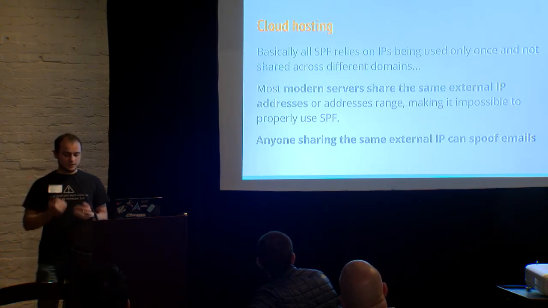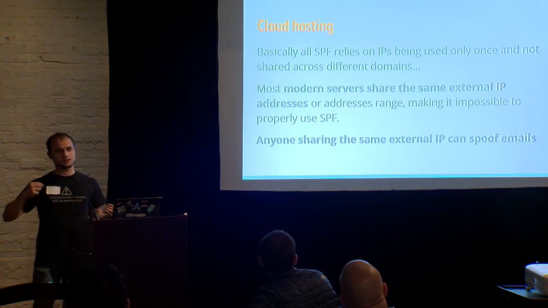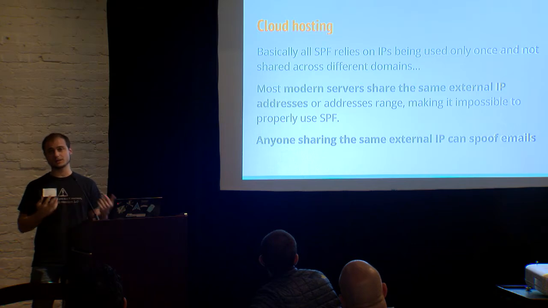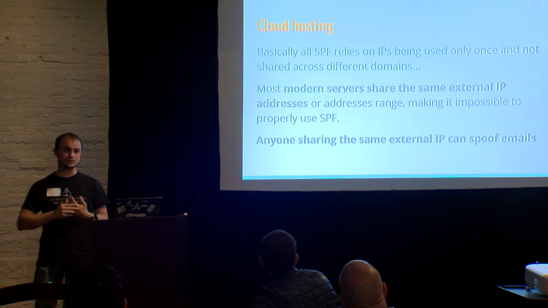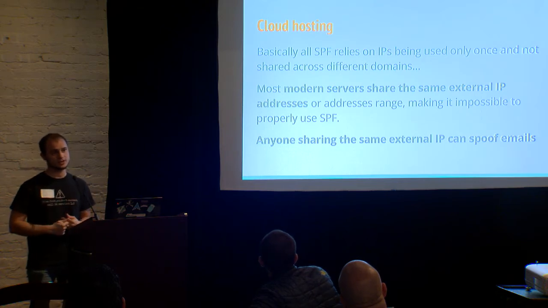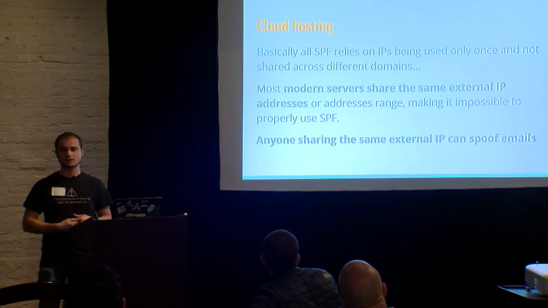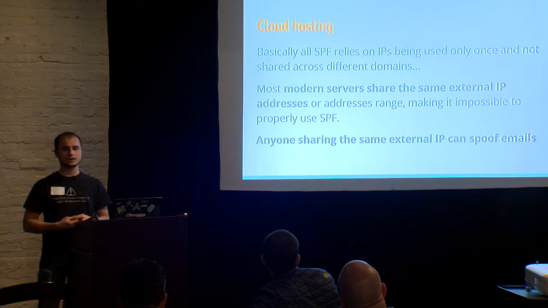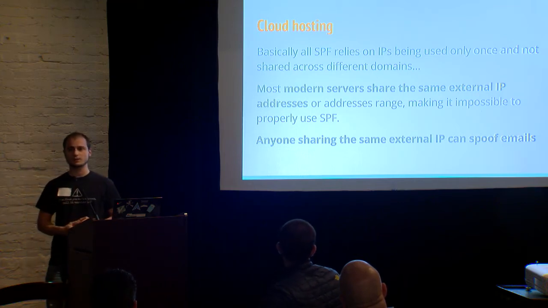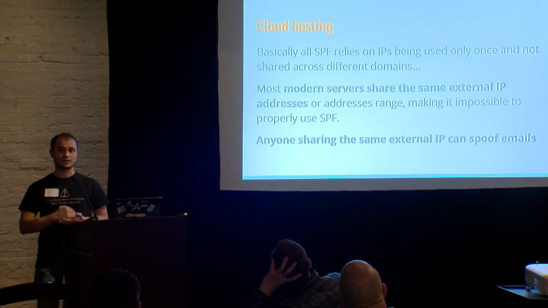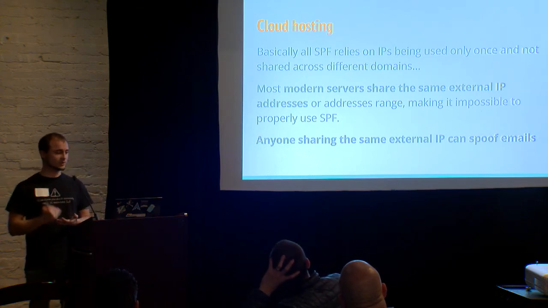So SPF has a big problem. It was invented in late 2004, maybe 2006, and became something that people knew and talked about. In 2014, it became a standard. The problem is, in 2014 we already had cloud sharing, and SPF strongly relies on the assumption that if you own an external IP address and send emails from there, only you can send emails from there, which is completely wrong.